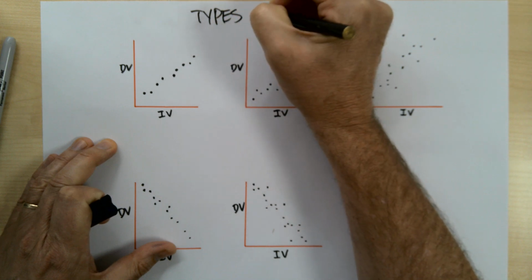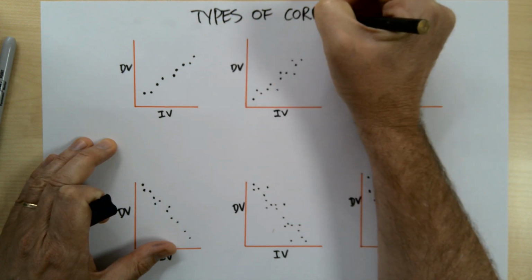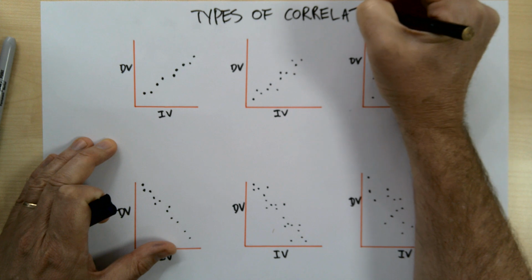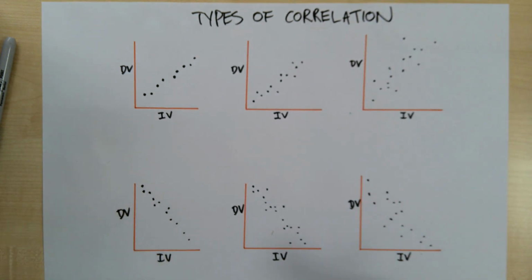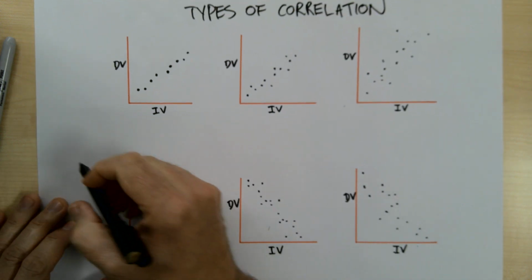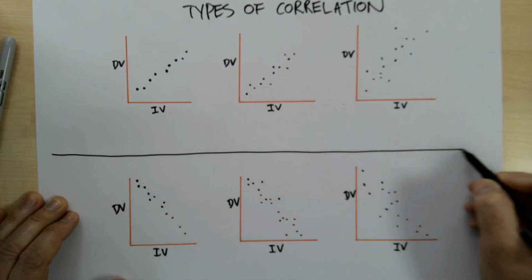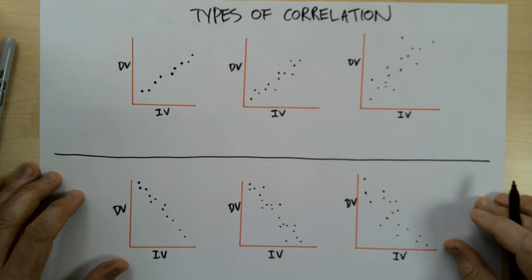What we're looking at here is types of correlation. We want a way to describe the correlation, to describe the link. Here are 6 options, and these are called scatterplots.